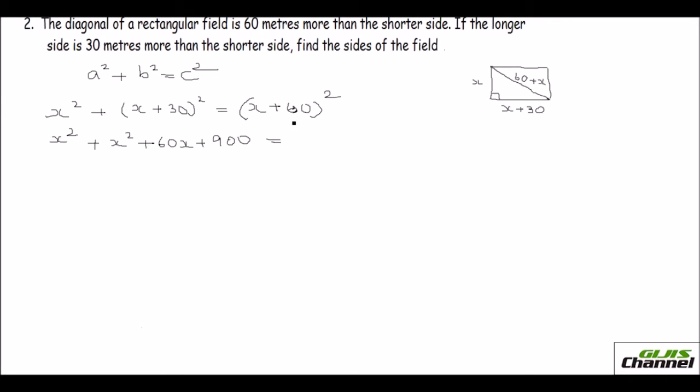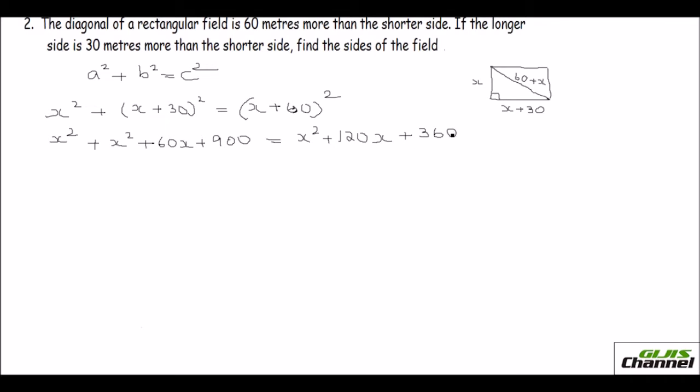Equals, this side same way, it is the a plus b the whole square formula. So a square is your x square plus 2ab, that is plus 2 times x times 60, right? So that is 120x plus 3600.